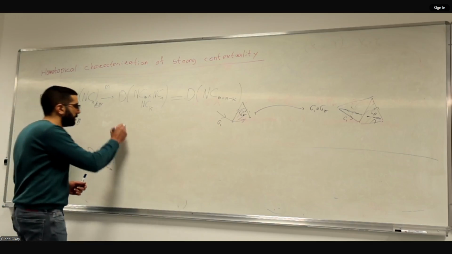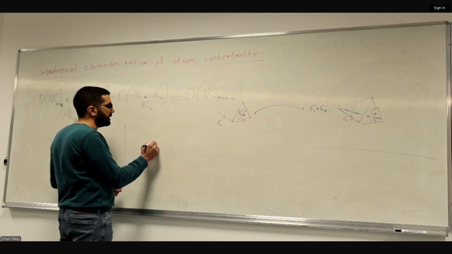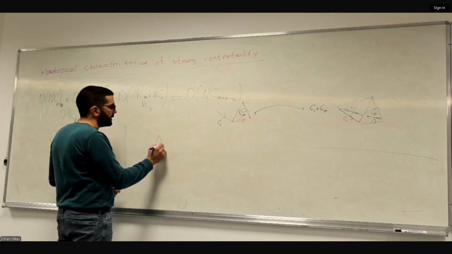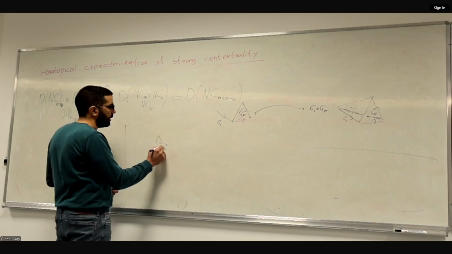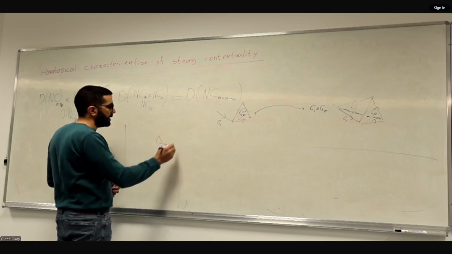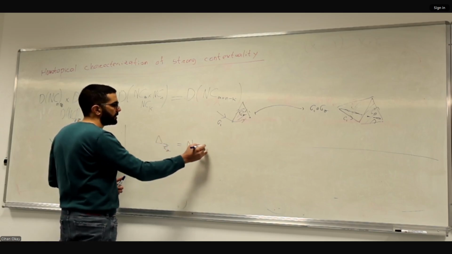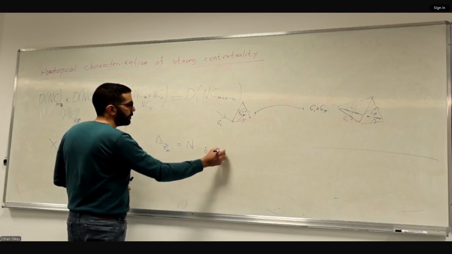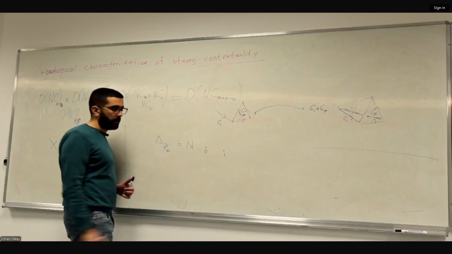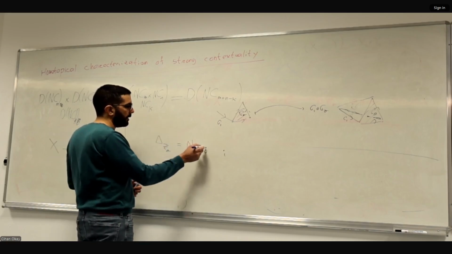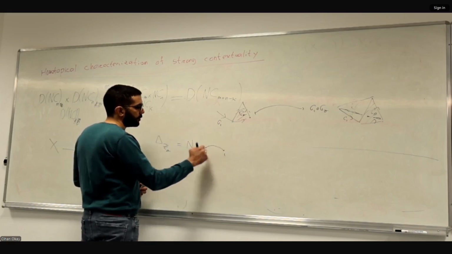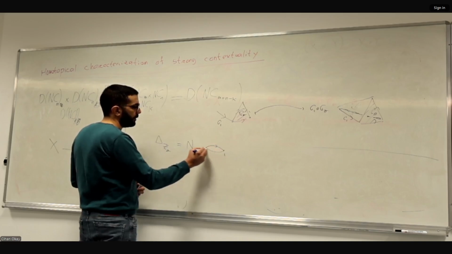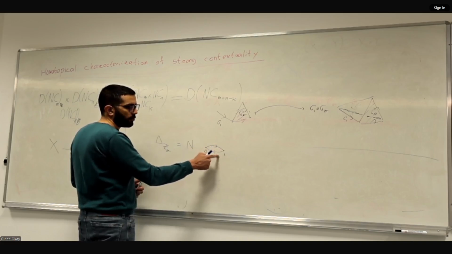One of the things you can see is that delta of Z 2, for example, is exactly the nerve of this category, where I have 0 and 1 as the objects, and from every object to every object I have only a unique map. This is a category now, not a simplex.